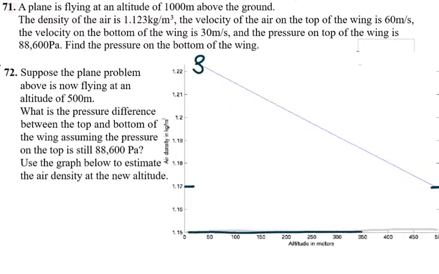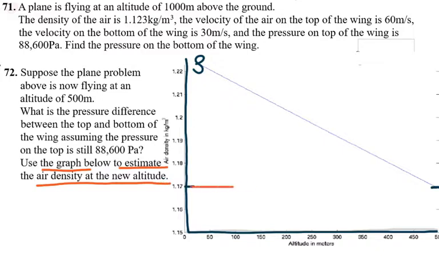So this is the altitude line, this is the density line. So the density changed. And all they ask in this question is to use the graph to determine the density at the new altitude. So all you have to do is determine the density at the new altitude, which is 1.17 kilogram per meter cubic.